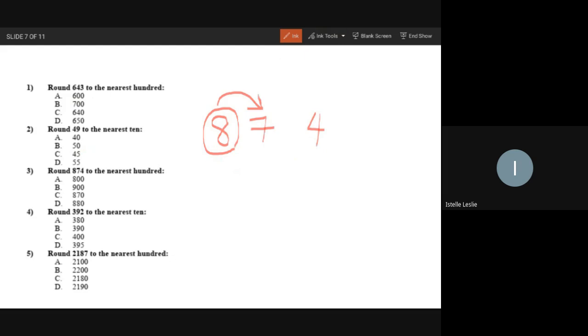So what do we do? We add 1. So this becomes 9. And then what happens to the digits to the right? We'll replace them with 0, 0. Okay, so that leaves us with option B as the correct answer.